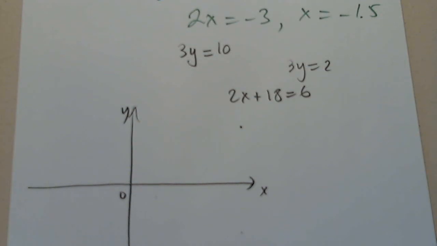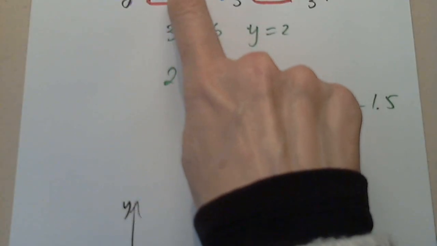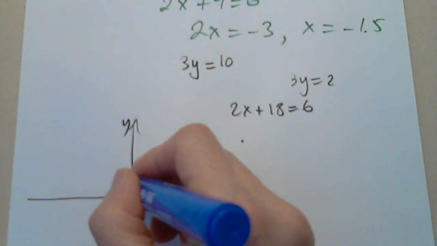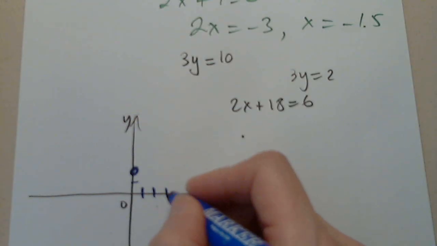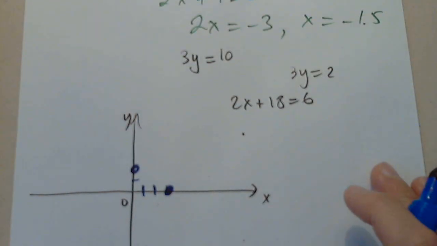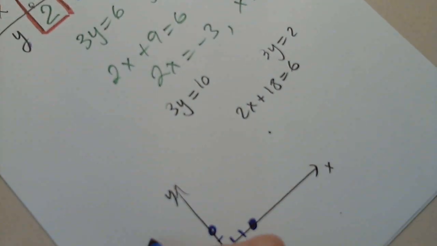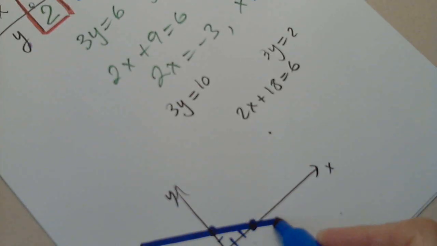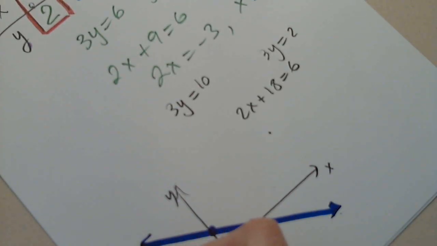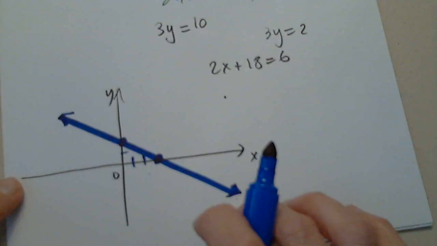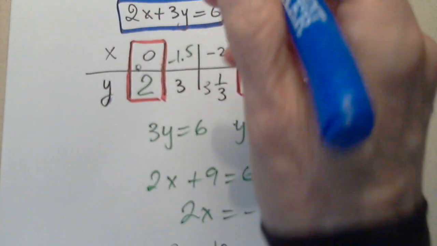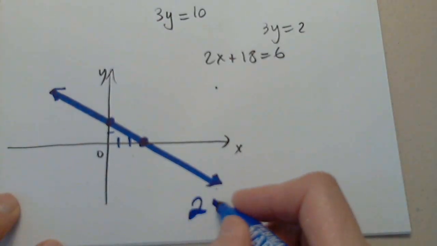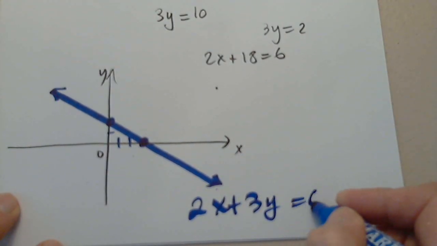I'm going to plot just those: 0 for x, 2 for y; 3 for x, 0 for y. And I will connect and extend. We haven't gotten there. I'm jumping ahead for a second. This is the graph of this equation, 2x plus 3y equals 6.